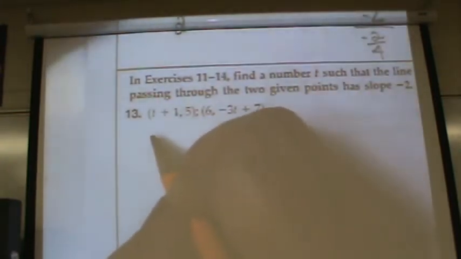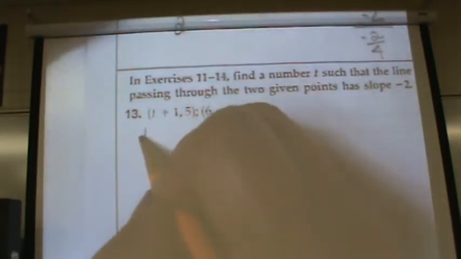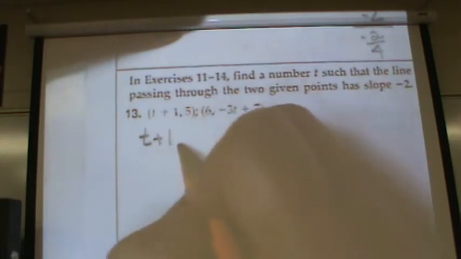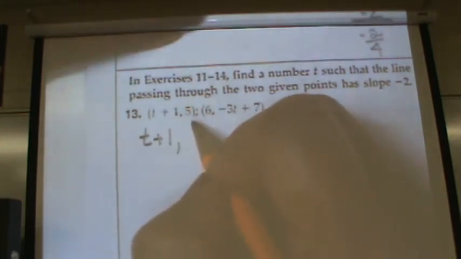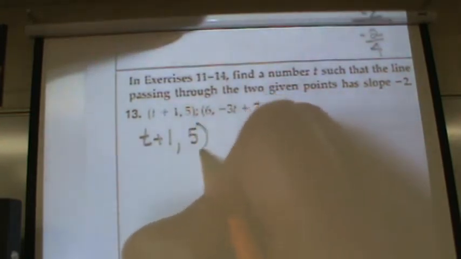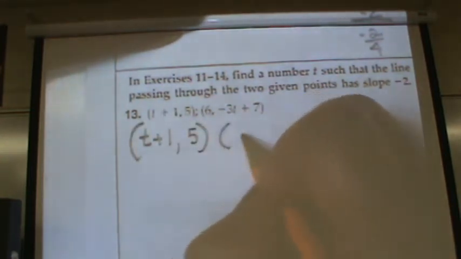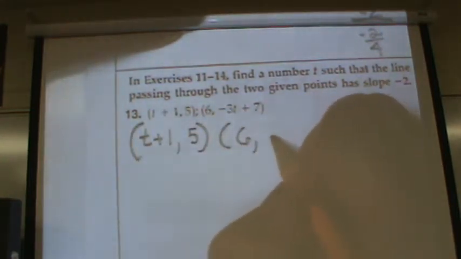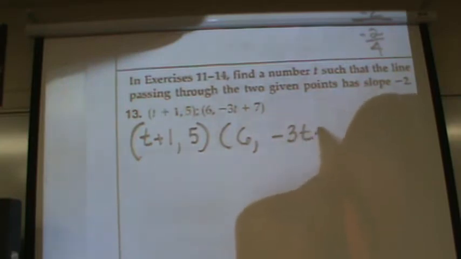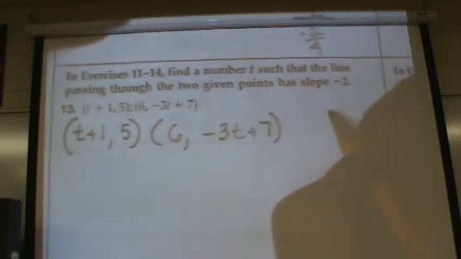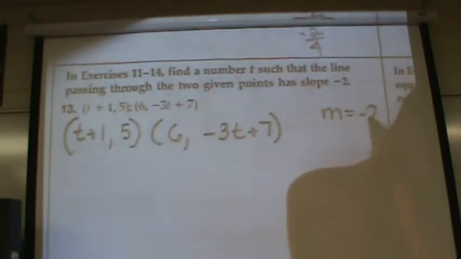Okay, number 13. You are given 2 ordered pairs, and it's written in algebraic form. I'm rewriting it. And m is negative 2.